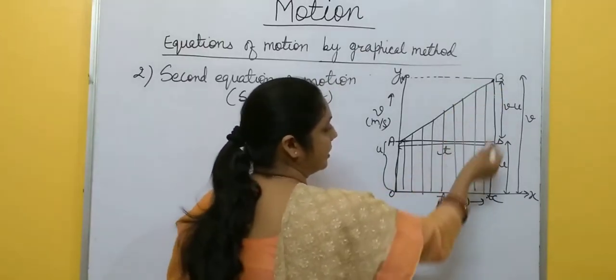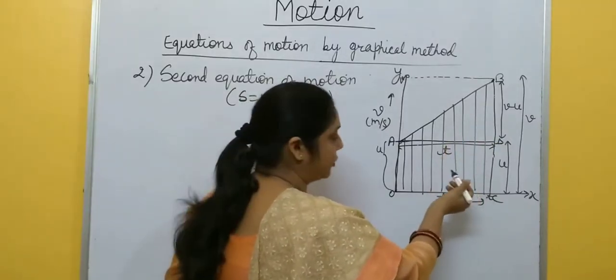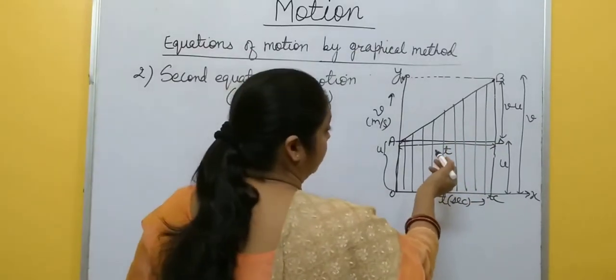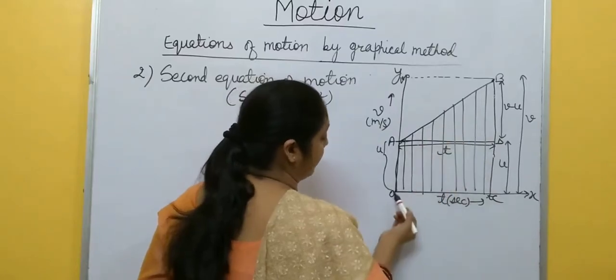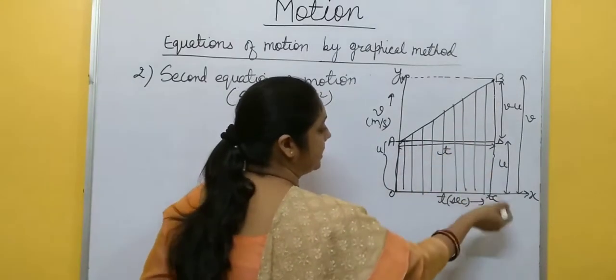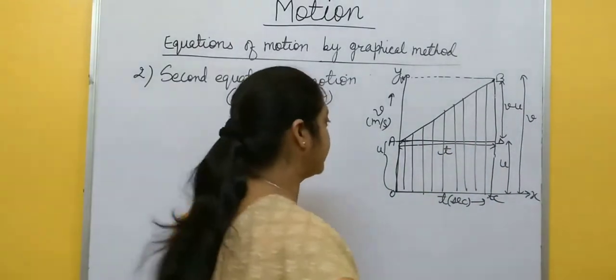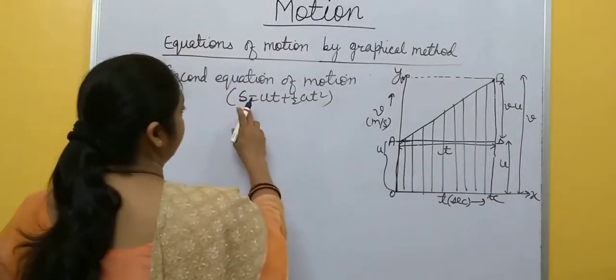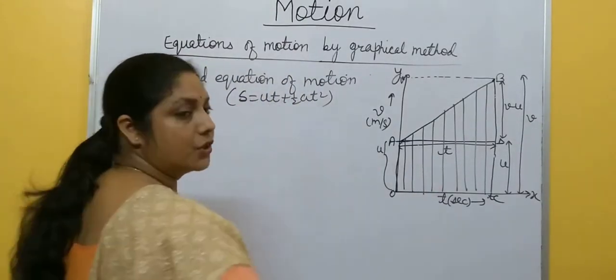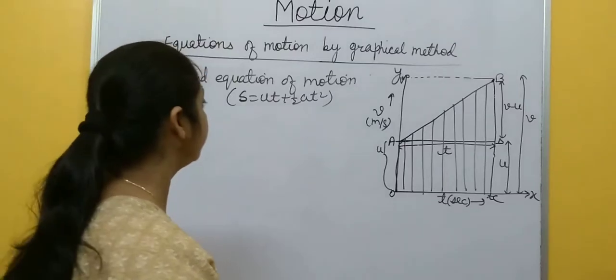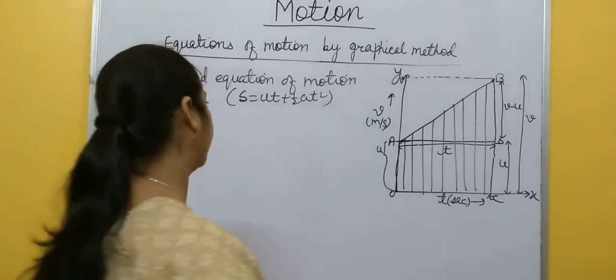Okay, and this becomes what? One trapezium. So this area under this trapezium OABC gives displacement, and in this way you can derive this equation s equal to ut plus half at square, right?